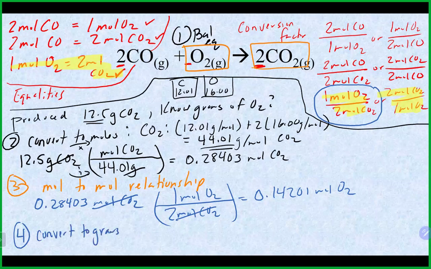I'm starting with moles, and I want grams, so I do need the molar mass. We need to remember that we're no longer at CO2, we are now at O2. So I need to go back to the periodic table and get my molar mass of O2, and that would be 2 times 16, giving me 32 grams per mole.